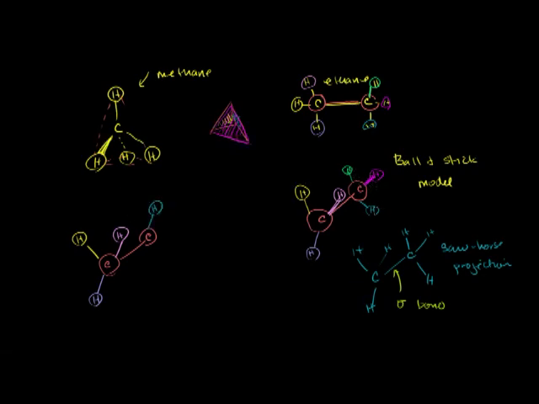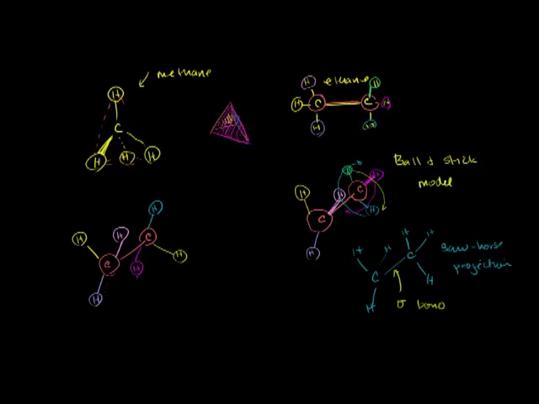So if the blue hydrogen's on top, now the green hydrogen is going to go over here, and then this magenta hydrogen, the way I've rotated, is now going to go over there.